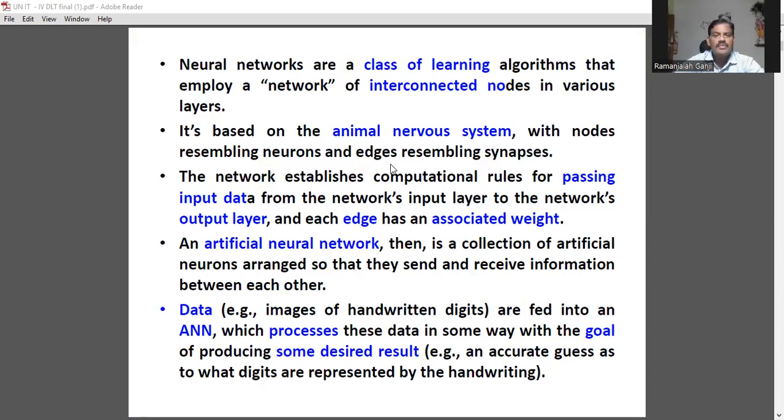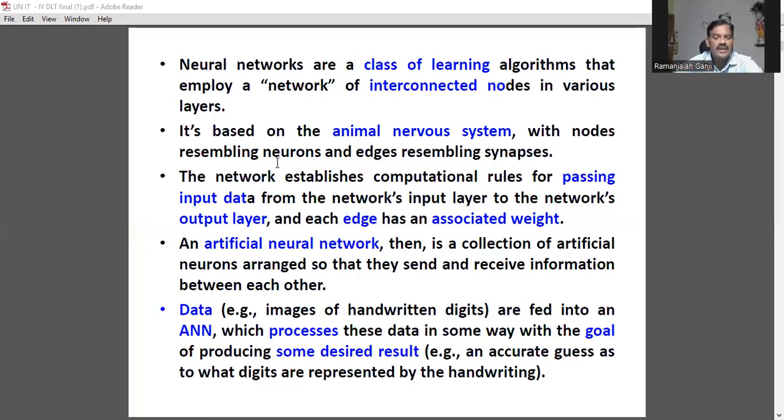A neural network is nothing but a network that consists of interconnected nodes in a number of layers, like a human or animal neural system, where each node resembles a neuron and edges resemble synapses. A neural network consists of a set of computational rules for passing input data from the network input layer to the network output layer, and each edge has an associated weight.